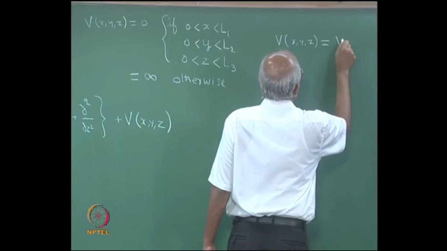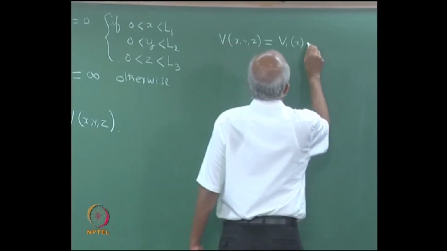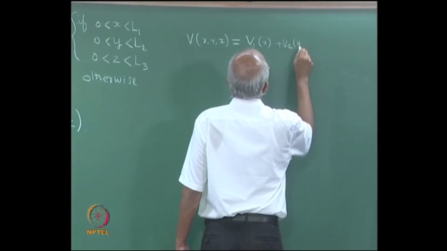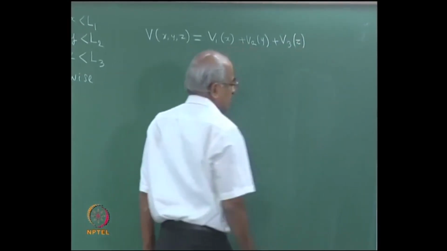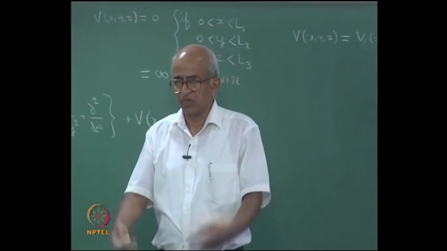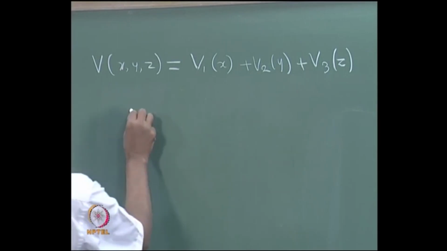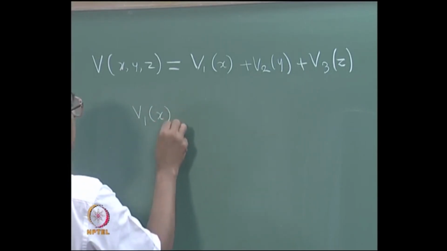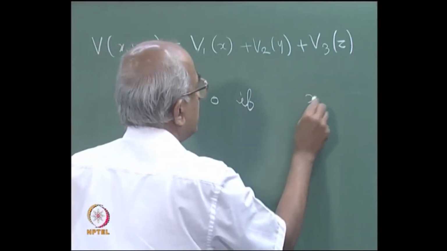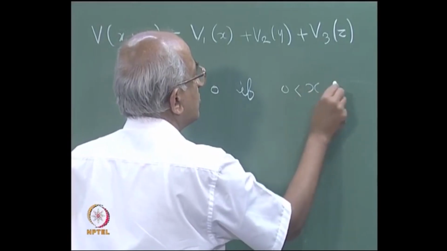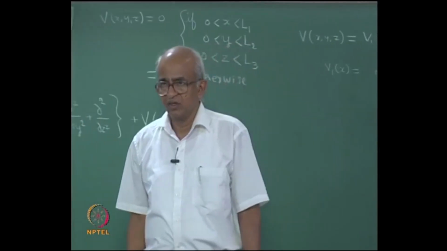I am going to claim that it may be written as some V1 of x plus some V2 of y plus another V3 of z, where I will define V1 of x to be equal to 0 if x is between 0 and L1, right.